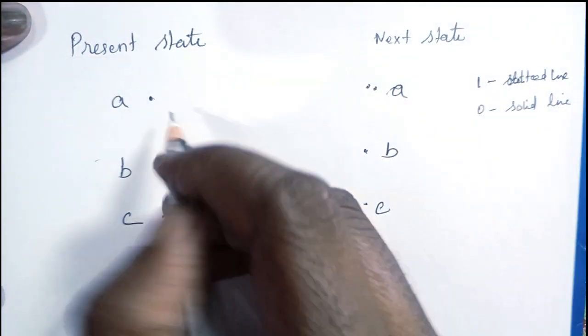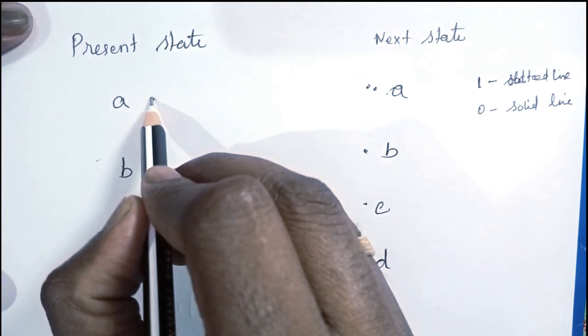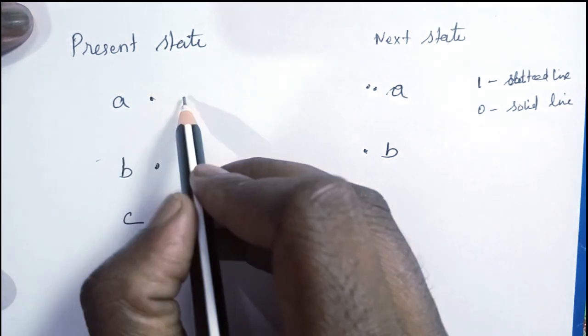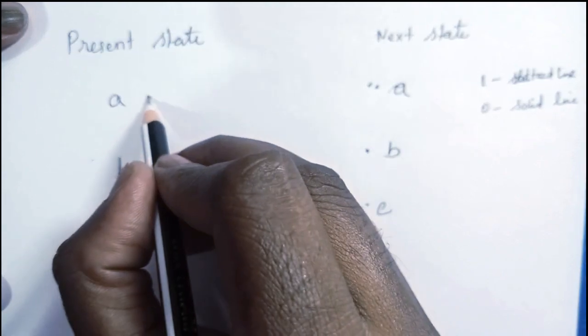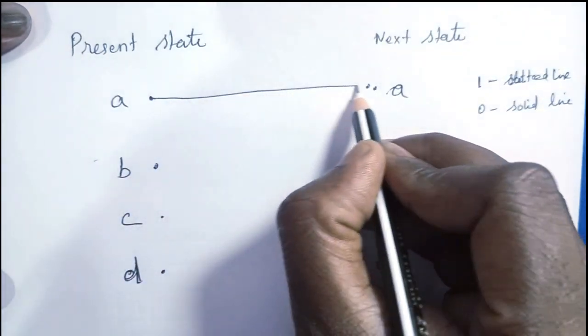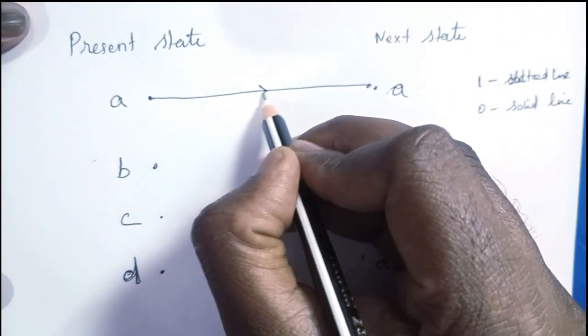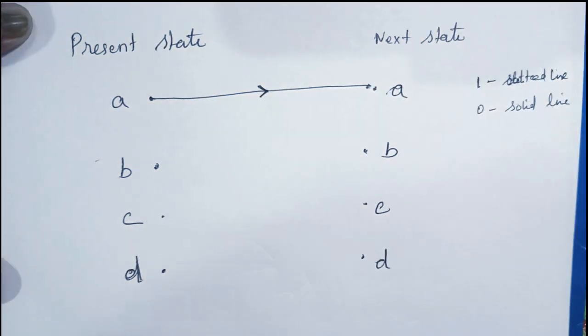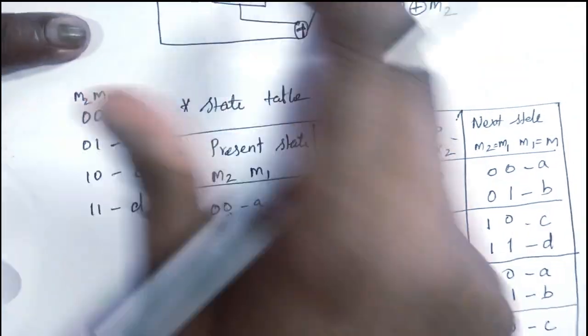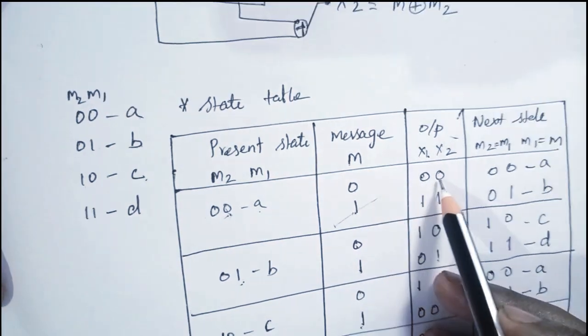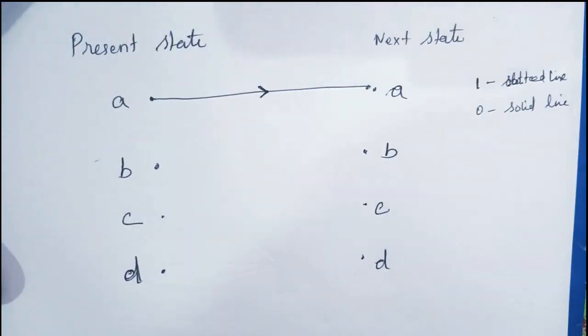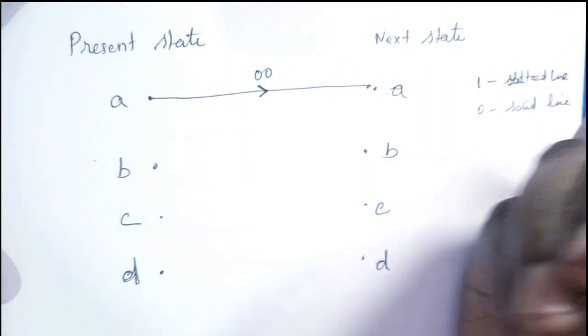So if the current state is A, the input bit is 0, the next state is also A. We put an arrow mark, and the output for this is 0 0.